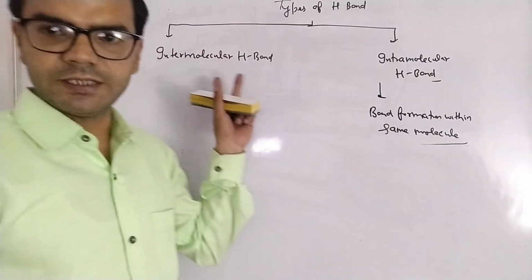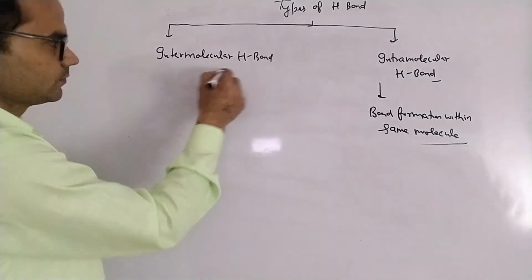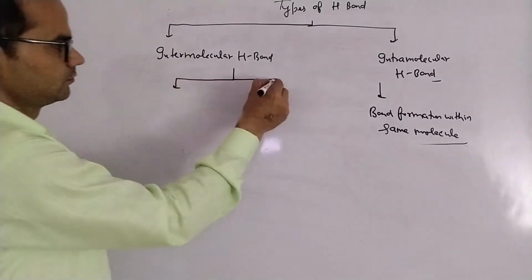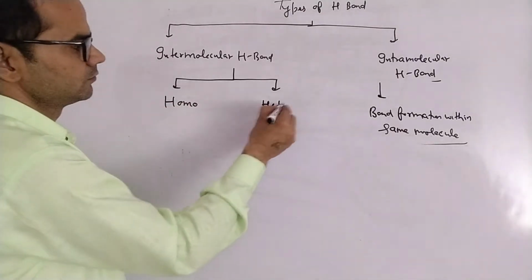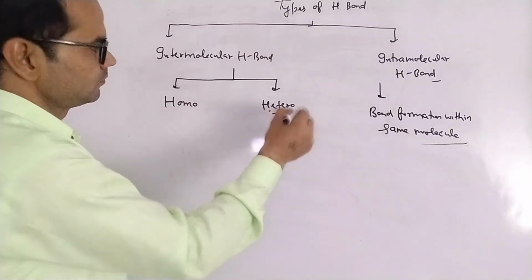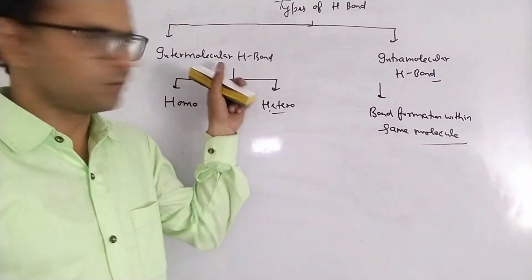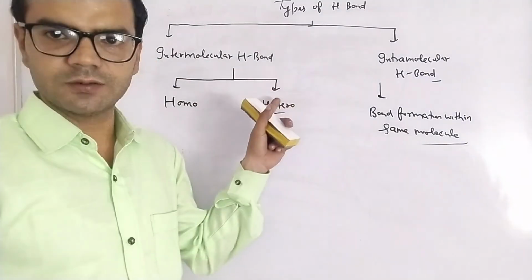So it is further divided into two parts: homo intermolecular hydrogen bond and hetero intermolecular hydrogen bond.